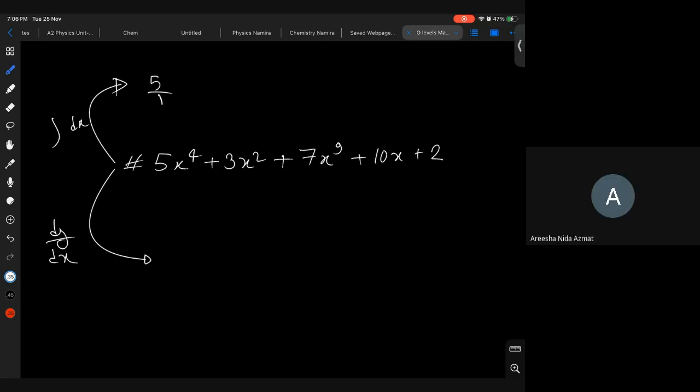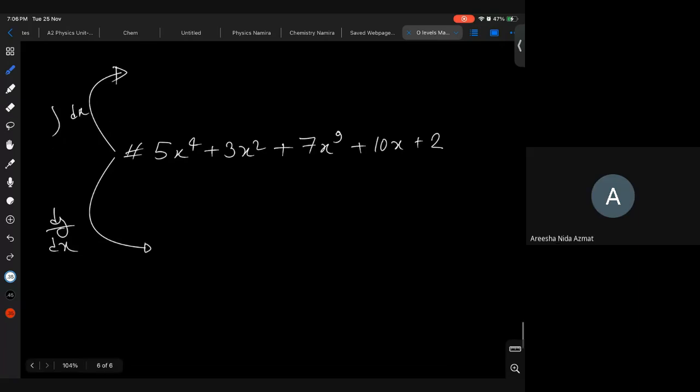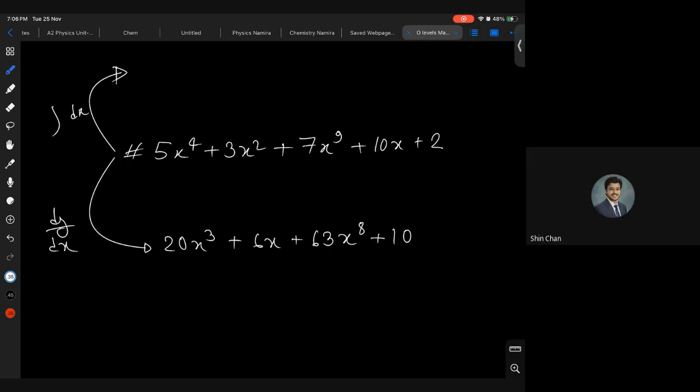The answer of differentiation is 20x cube plus 6x plus 7 into 9 is 63, so 63x to the power 8 plus 10. Okay. And what about the integration?